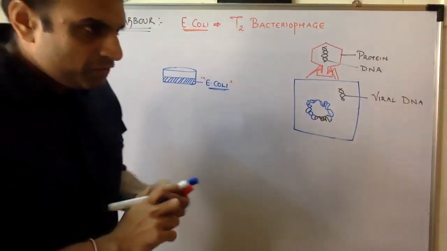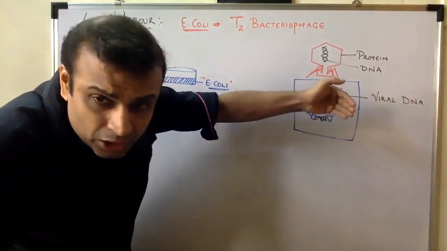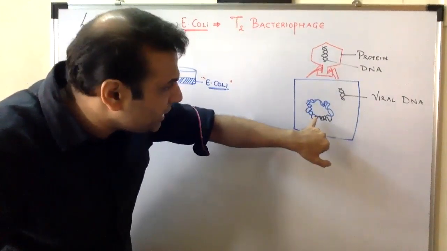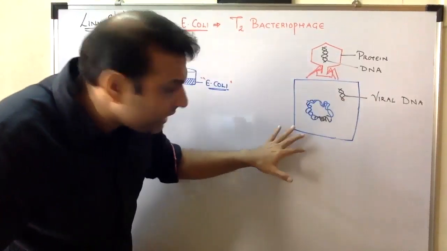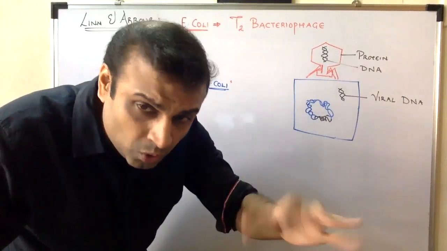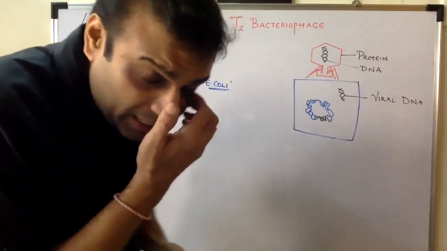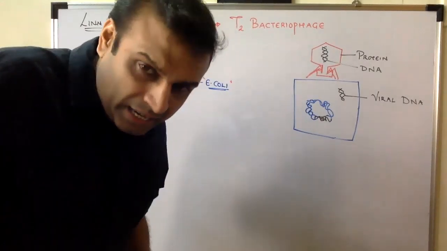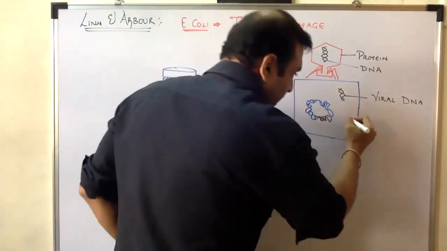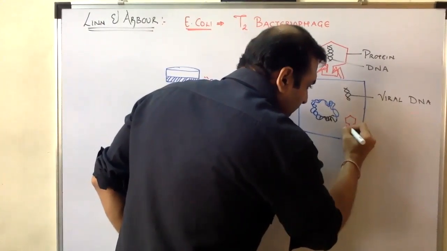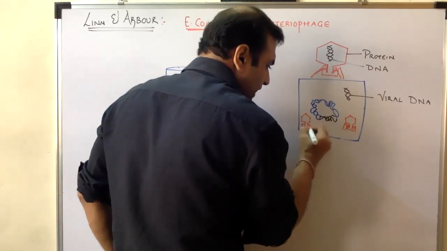So we saw that the viral DNA has the ability to incorporate itself into the bacterial DNA. अभी इससे क्या होगा? इससे ये होगा कि ये जो पूरा बैक्टीरिया है उसका मेटाबॉलिक कंट्रोल वायरल डीएनए के पास आ जाएगा, और ये वायरल डीएनए धीरे धीरे बैक्टीरियल सेल को फोर्स करेगा वायरस के प्रोटीन बनाने के लिए. और कुछ समय के बाद आप देखेंगे कि इस बैक्टीरियल सेल में नए नए वायरसेस पैदा हो रहे हैं. There are new viruses which are being formed inside the bacterial cell.